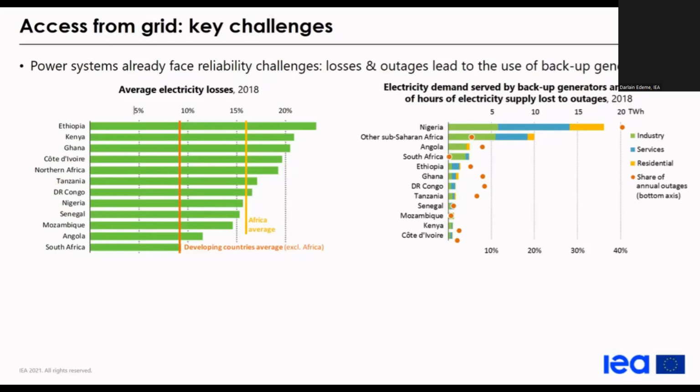And again, in the case of Nigeria, we have estimated that close to 20 terawatt hours of electricity was generated thanks to those backup diesel generators.